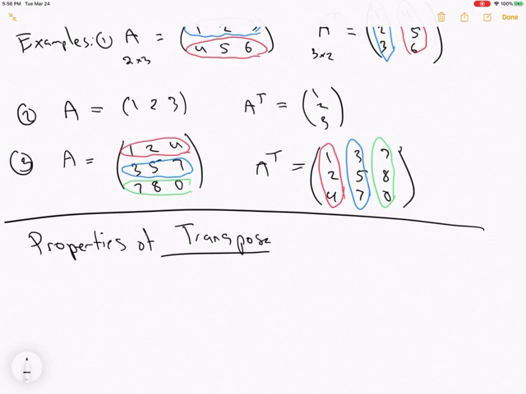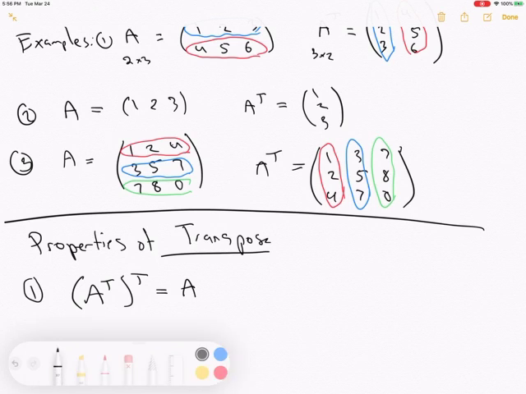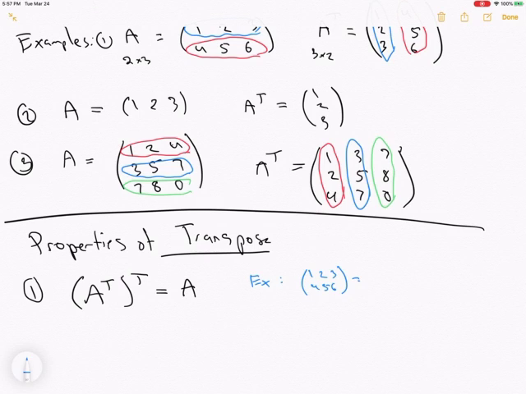So what are some properties of this? Well, the first property is that if you take a matrix and you take the transpose, that's a new matrix, and then you can take the transpose again, you get back the original matrix. And that should be obvious. For example, 1, 2, 3, 4, 5, 6. If this is the matrix A, then the transpose matrix is you just swap the rows and the columns.